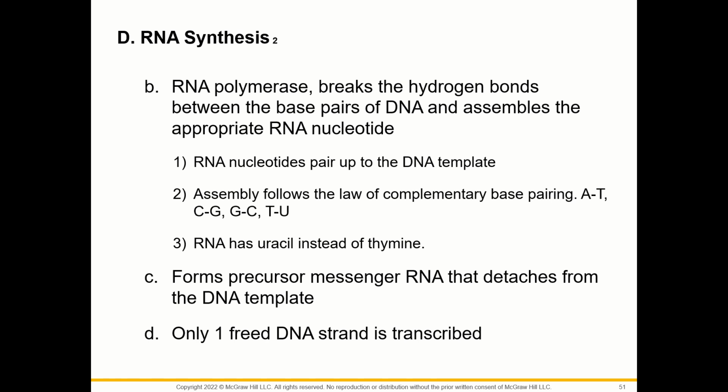RNA nucleotides will pair up to the DNA template, and there is a complementary base pairing that is used where A will bind to T, C will bind to G, G will bind to C, and T will bind to U. A stands for adenine, T stands for thymine, C stands for cytosine, G stands for guanine, and U stands for uracil. So RNA will have uracil instead of thymine.